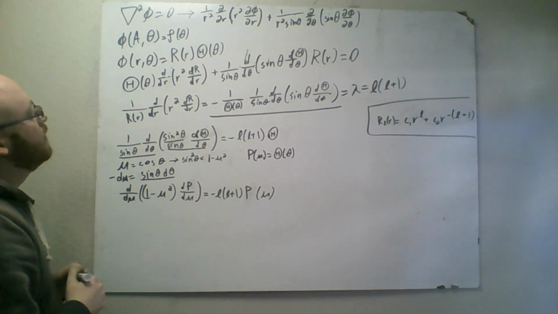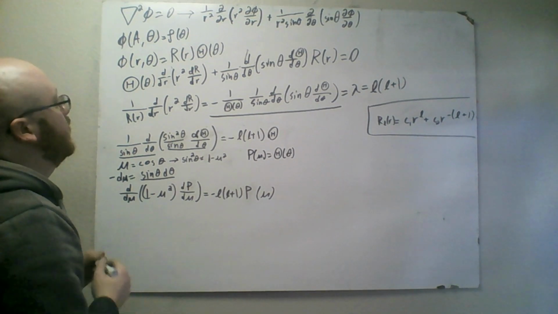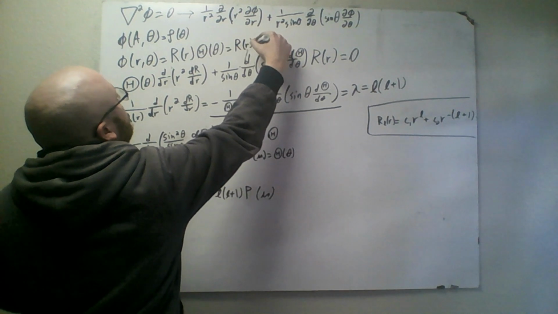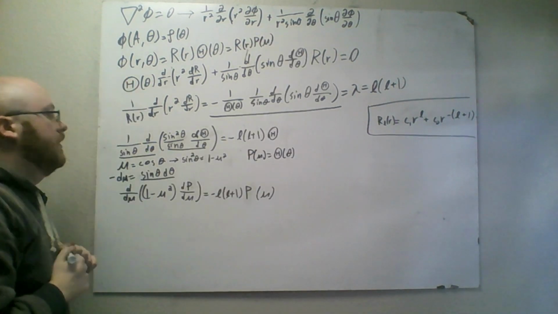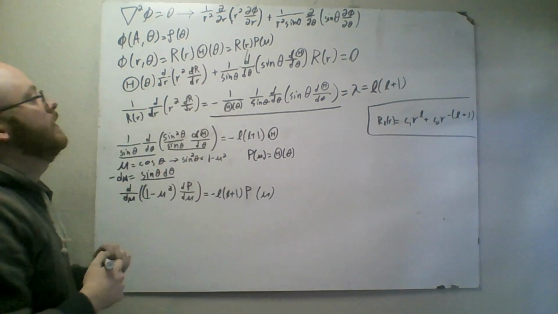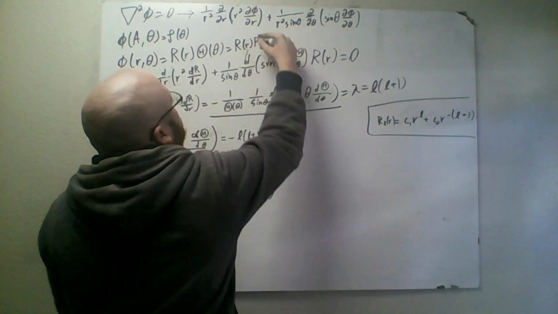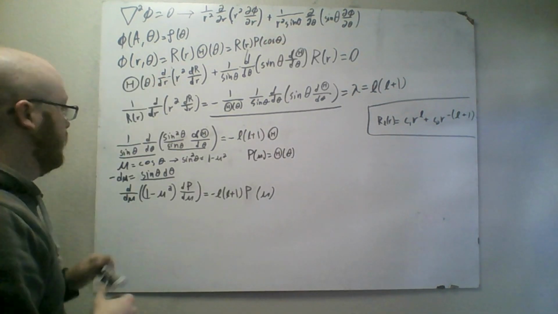If I want, I could go up here and indicate that. I might as well. Right, and mu is cosine theta, so eventually we're going to plug cosine theta back in. Or I could even write it like this. Okay.